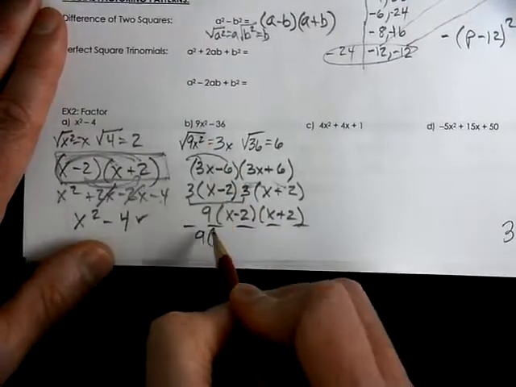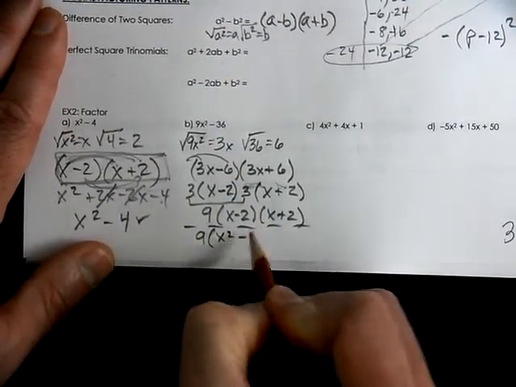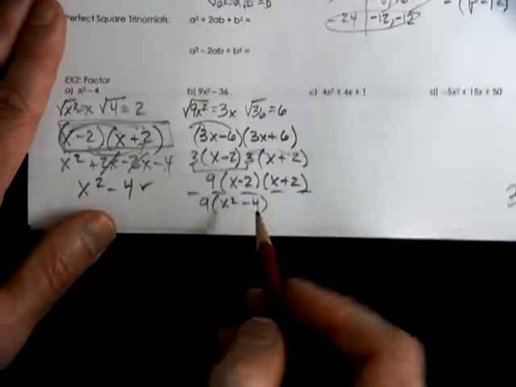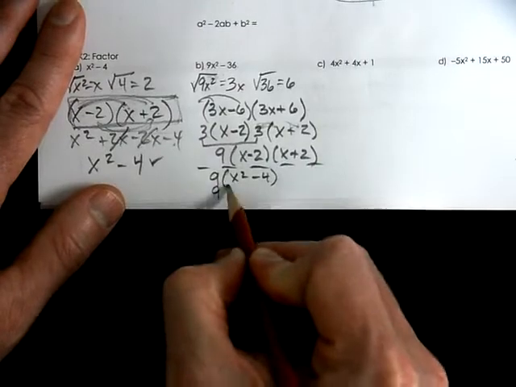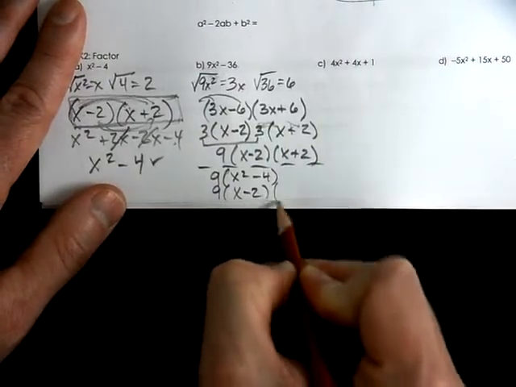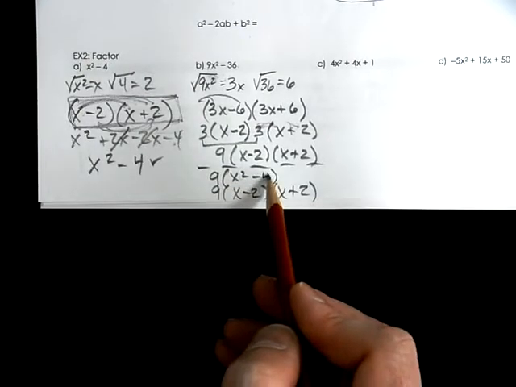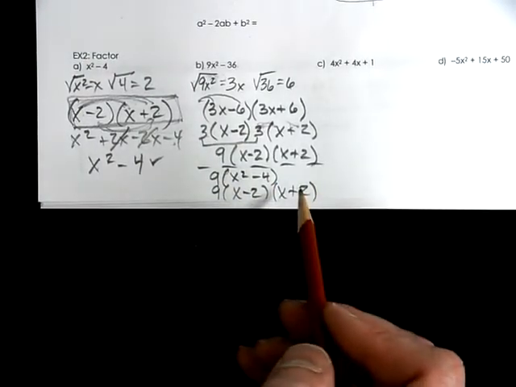And that's going to leave me with 9 times x squared and 9 times 4. And we know that x squared minus 4 is x minus 2, x plus 2.